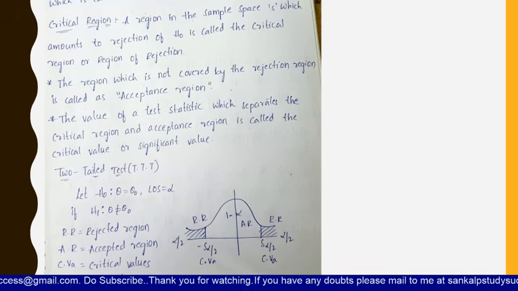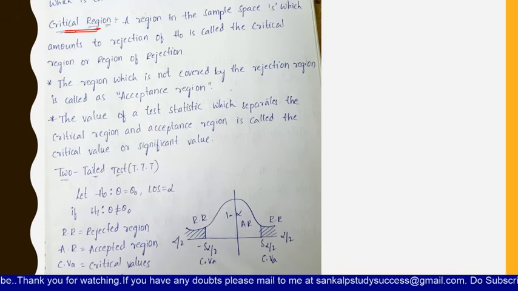So now let us see what is critical region. Critical region can also be called the region of rejection. That means there is a statement. If you are accepting the statement, then it will not come under critical region. If you are rejecting the statement, the region or range where you are rejecting that statement is known as critical region.